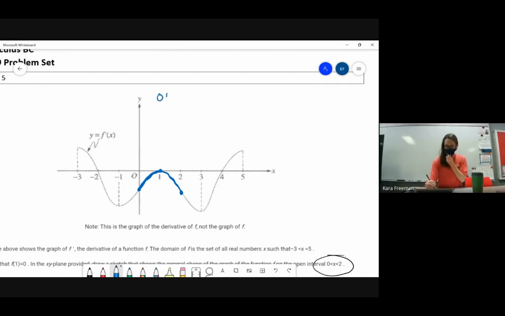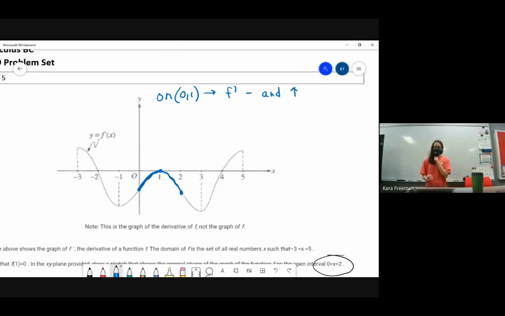So you see how on 0 to 1, what is f prime doing? And we're looking for 2 things. Is f prime positive or negative? F prime is negative. That means it's below the x-axis. And what else is it doing? It's increasing. Okay.